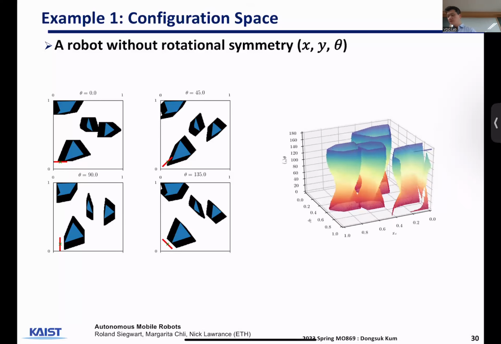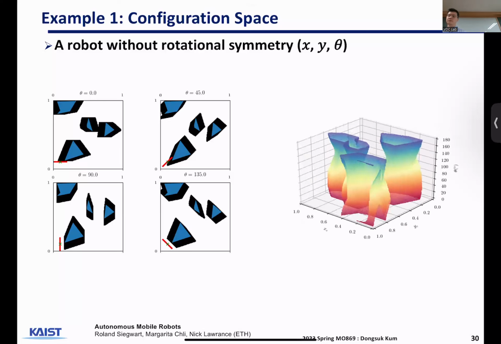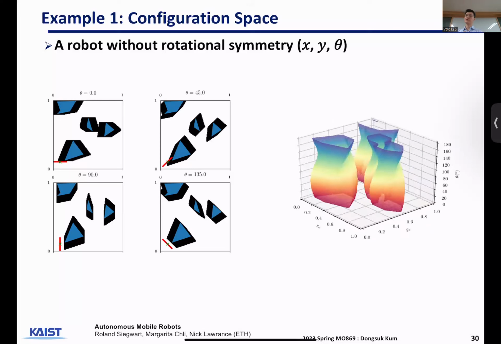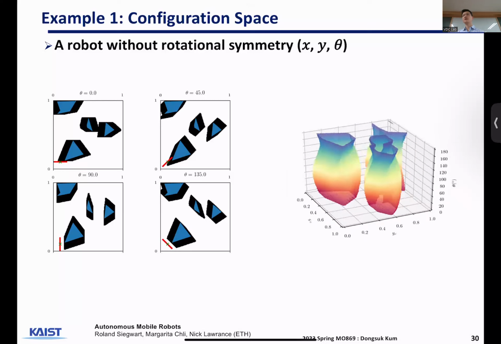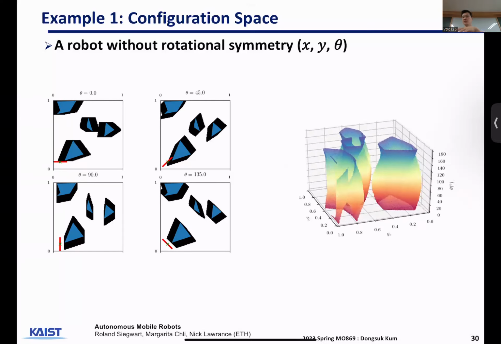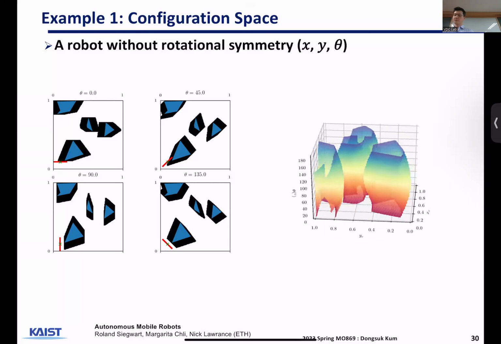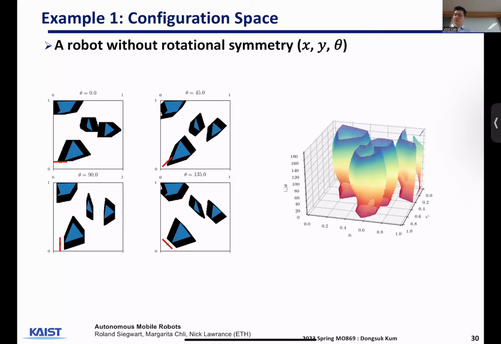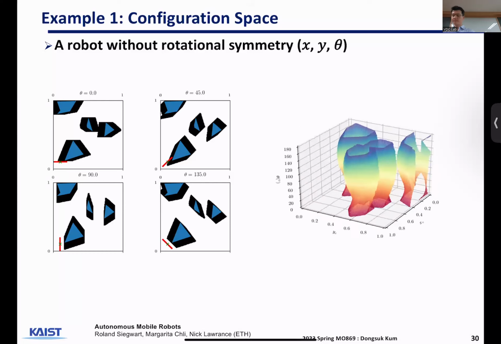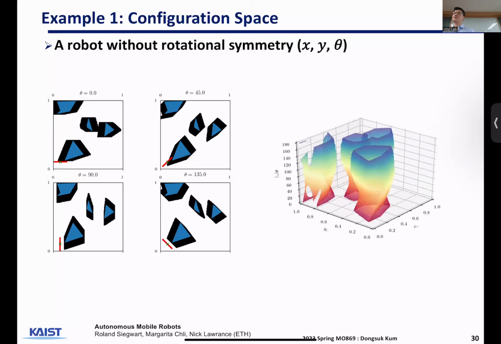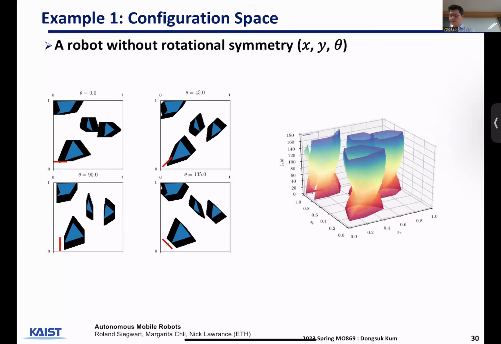So this needs to be now 3-dimension instead of 2-dimension. If the robot was symmetric in rotation direction, then we do not have to have this 3rd dimension, right? But because of that asymmetry, we need an extra dimension to describe that orientation part. Okay.